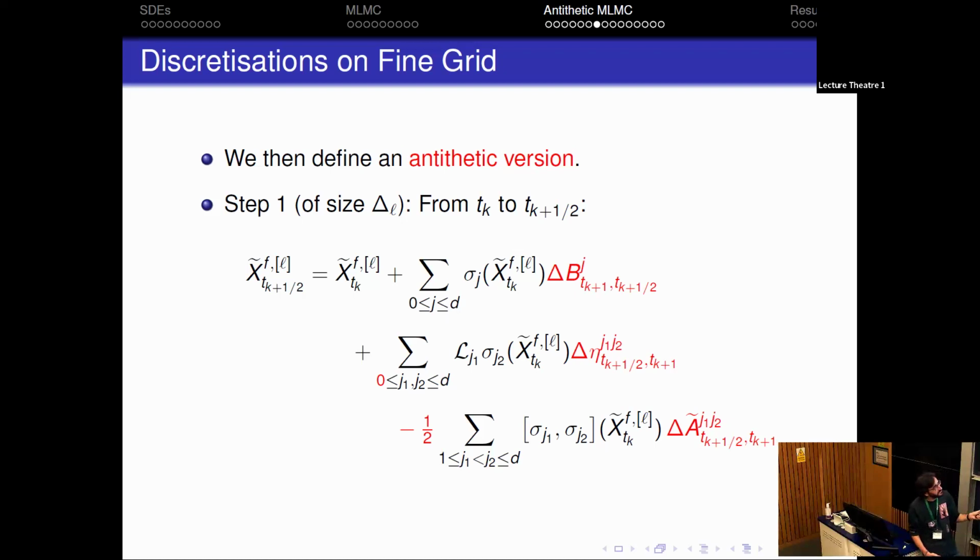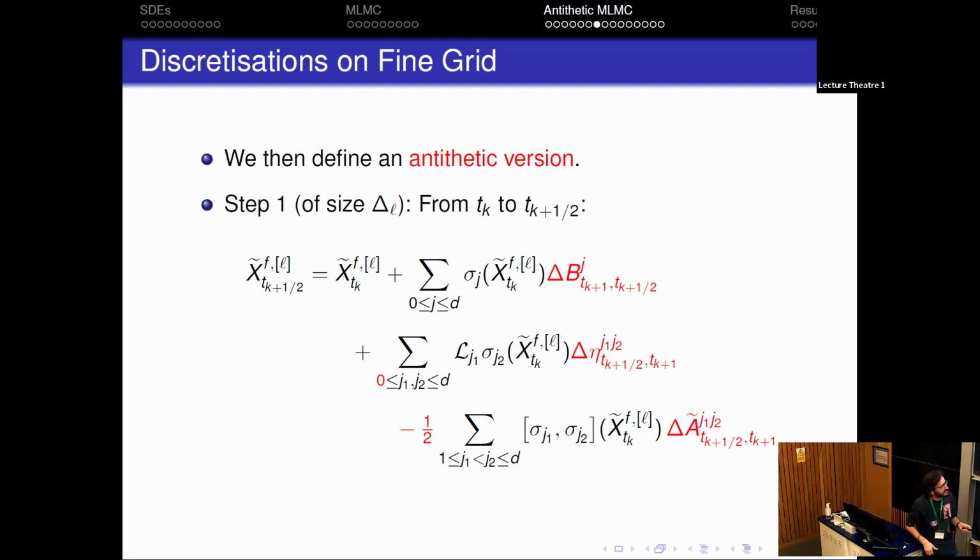So in the first step of this process, we use the increment from the second step of this process. And the same thing here, plus we change the sign of this thing. This trick with the change in the order with respect to which you use these Gaussian increments is from the paper of Giles and Szpruch. Okay, they have used it already there.